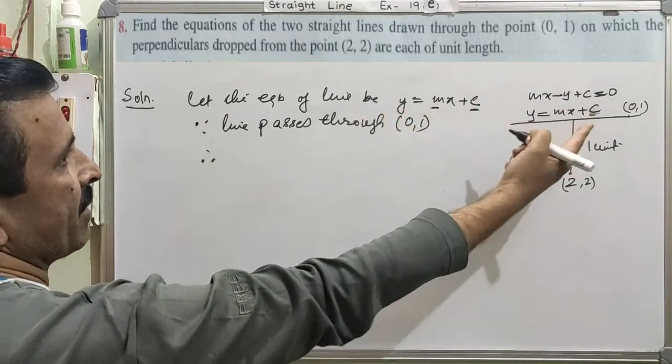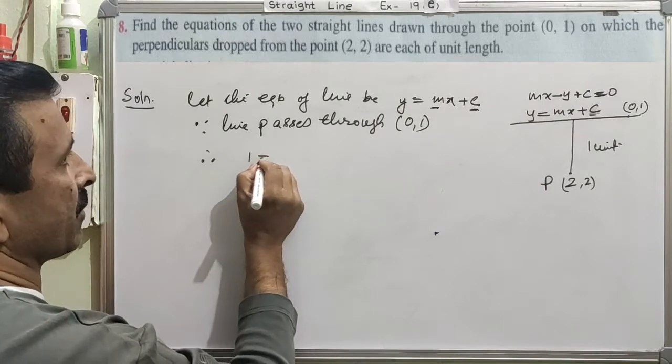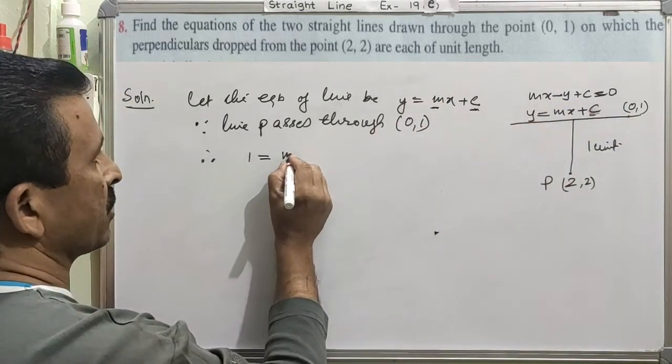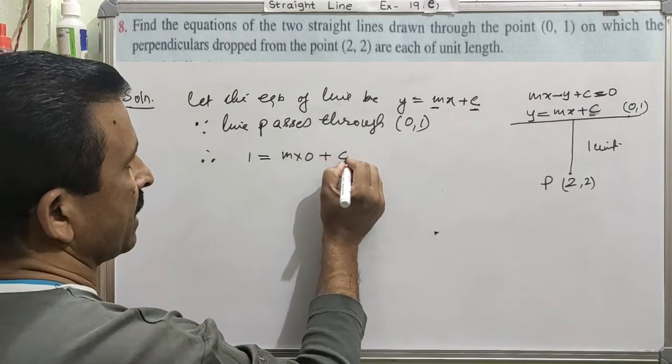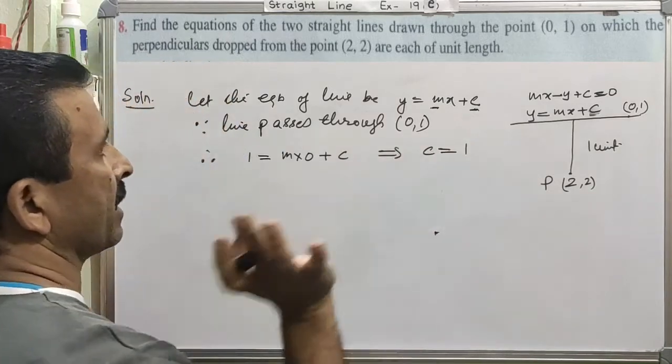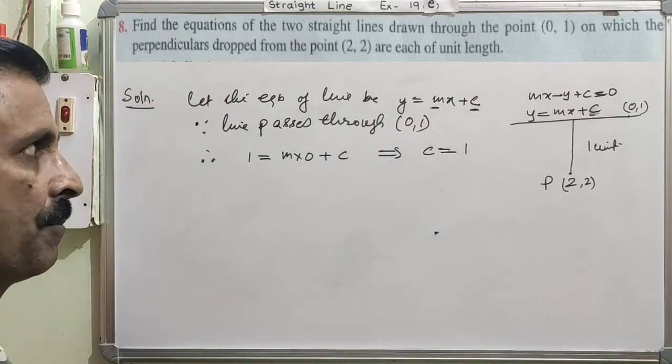So for y we can have 1 is equal to, for x we can have 0. So m into 0 plus c, and therefore your c is equal to 1. So look here, you calculated the value of c.